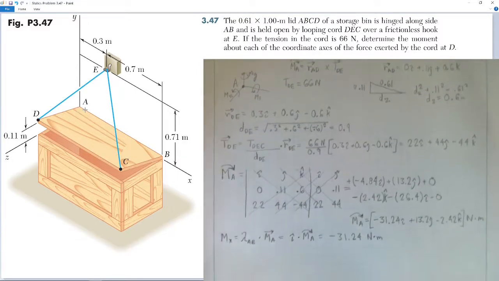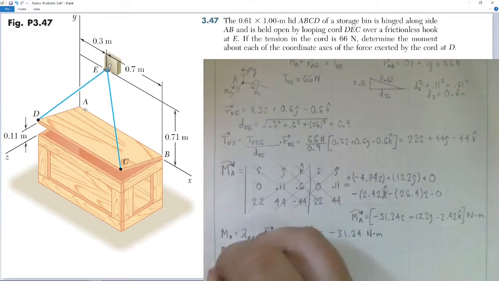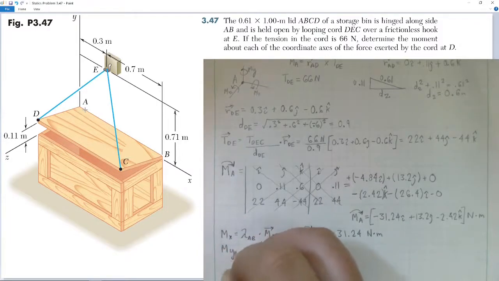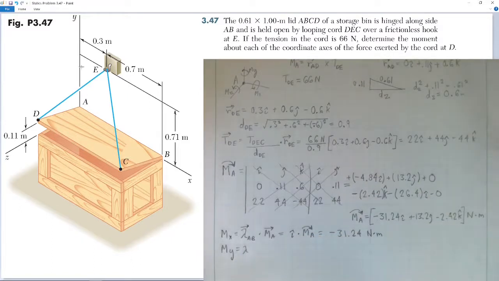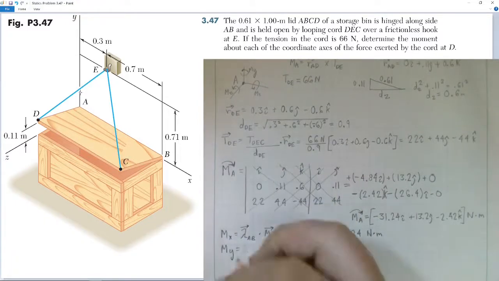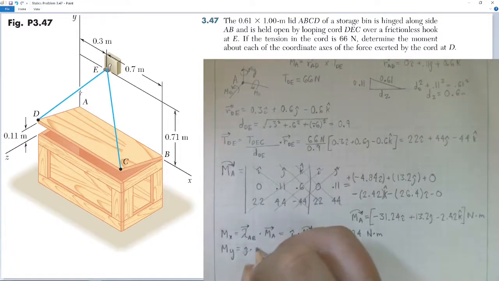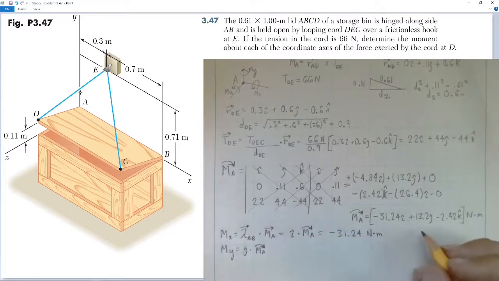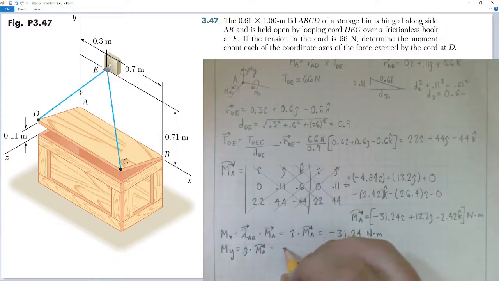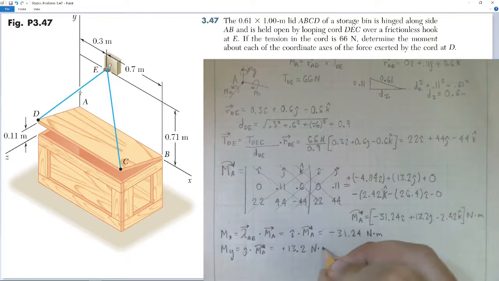Then we're going to calculate the moment about the y and z axis. So the moment about the y axis is going to be the unit vector going from A up. So we don't actually need to write this out. We can just write out what unit vector we know is going to be. It's going to be j hat dotted with moment A. So it's only focused on the j hat component. We get zeros for the i and the k hat. So we just get positive 13.2 newton meters.